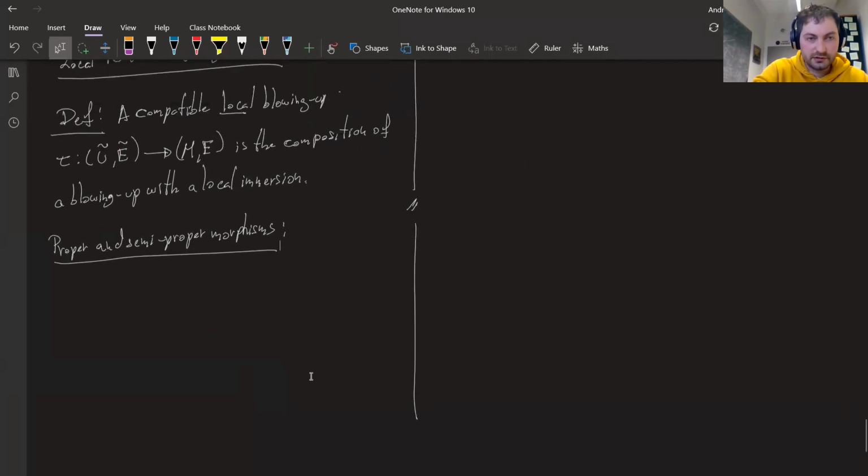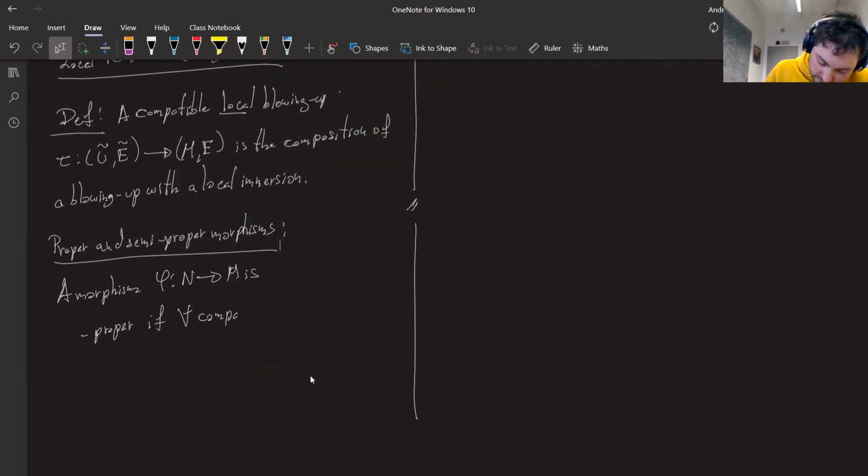So I recall that a morphism phi from N to M is proper if for every compact set K of M, the preimage of K is compact.